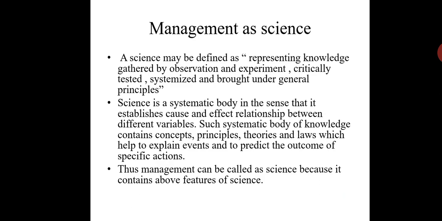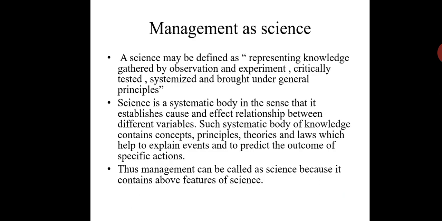The principles are collected through a lot of experiments and observations, and these principles are critically tested and systematically brought under general principles. General observations are taken, and then the complete study is done. So management becomes a science because it establishes the cause and effect relationship between variables.